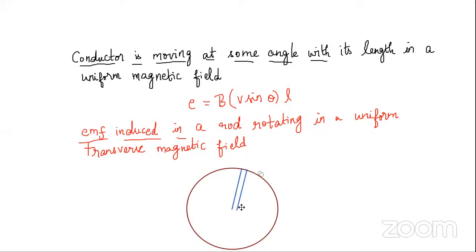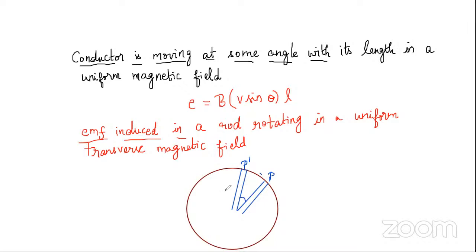Initially, the rod is in this position and it may move like this from here to here. So this point is P prime. This point is P. The angle between this point and this point is delta theta.